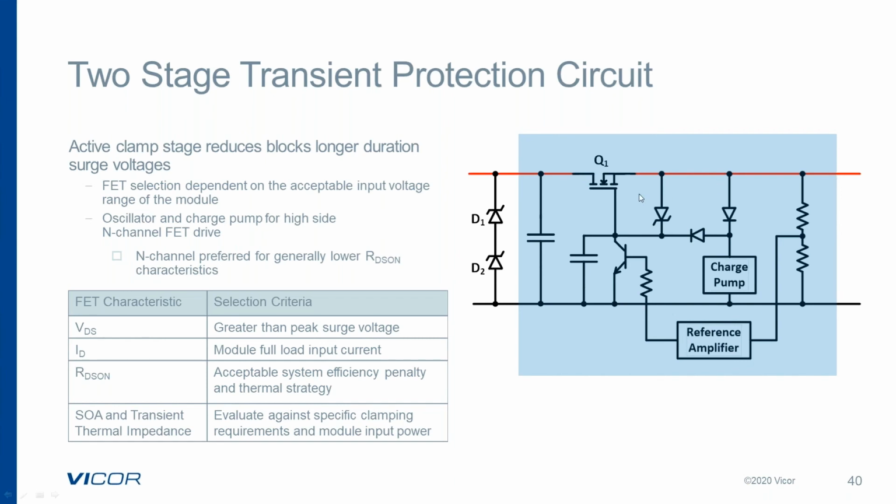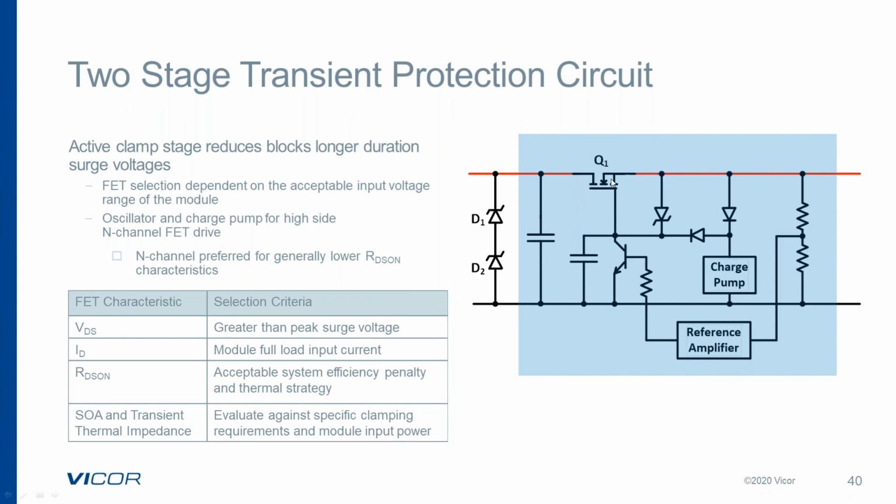Now, when we select this clipping method, we've got to make sure that Q1 is sized such that we stay within the SOA curves of the FET of Q1. Because the system will continue to draw current and stay within operation, the source current is being drawn through Q1 while it's dropping voltage.